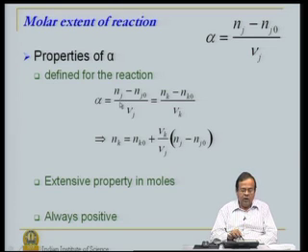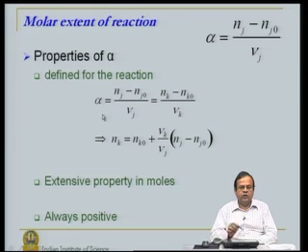So, if it is a reactant, N j will be less than N j 0, because carbon monoxide has reacted. So, this numerator will be negative, but so is the denominator, because species J, or carbon monoxide in our example, is a reactant, so the stoichiometric coefficient is negative. So, we have a ratio of negative to negative quantities, which means alpha is positive.